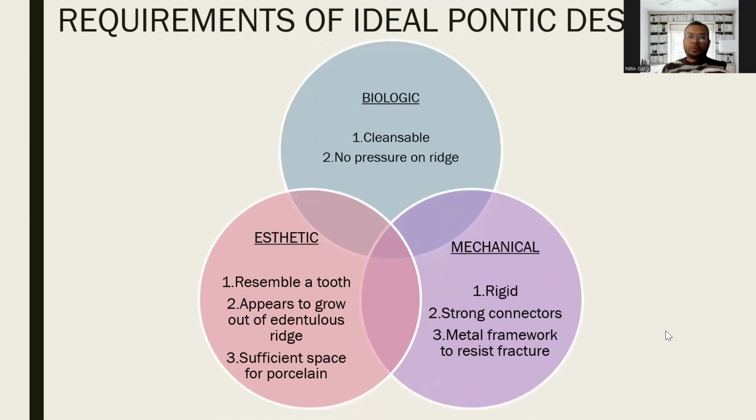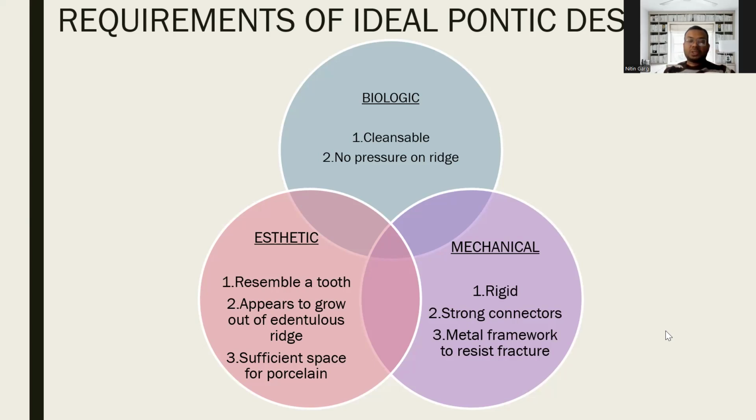So coming on to the requirements for the ideal Pontic design, we broadly classify them into three parts: biological, aesthetic, and mechanical. Biologically, it should be cleansable and should not put any pressure on the ridge that causes blanching. Aesthetically, it should resemble the natural tooth and appear to grow out of the edentulous ridge.